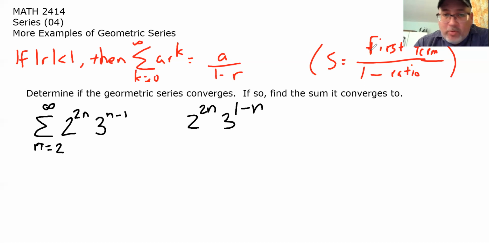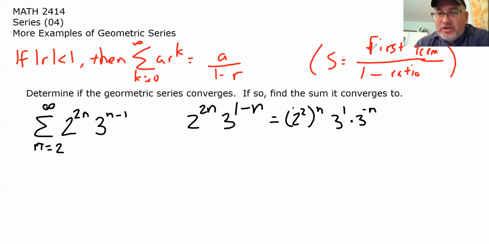All right, the first thing we want to do is get the exponents by themselves as much as possible. For the 2 to the 2n, we could write it as 2 squared to the n. And for the 3 to the 1 minus n, we could write that as 3 to the first times 3 to the negative n, by simply adding the exponents. That means we could write the 2 squared to the nth power as 4 to the n. The 3 to the 1 is just 3.